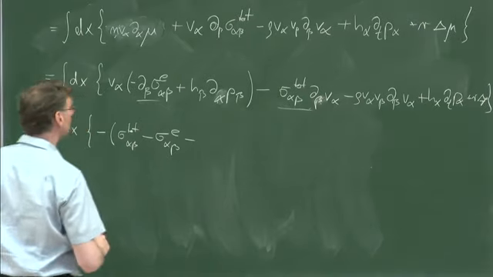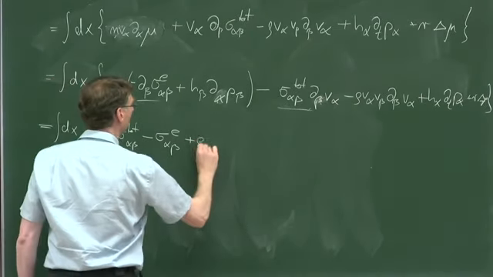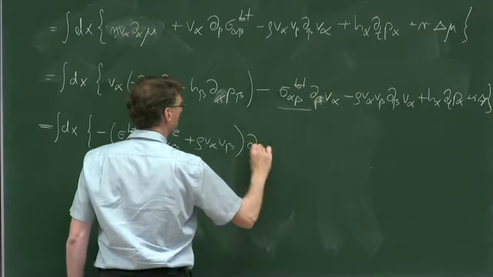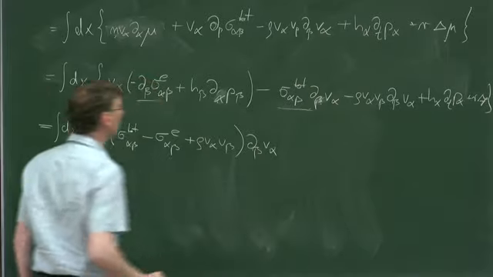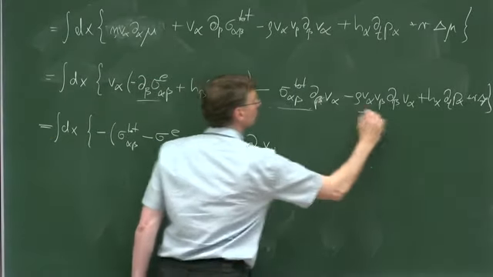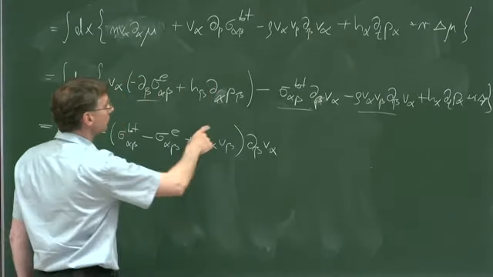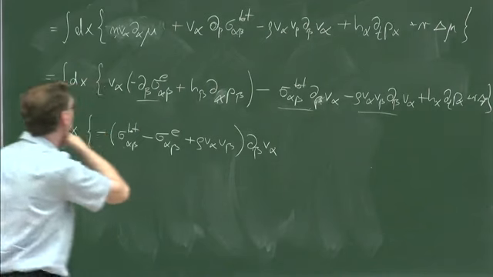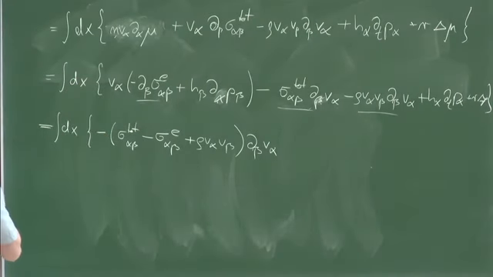Then I have a plus rho v alpha v beta times d beta v alpha. This is this term. And then, did I do it correctly?